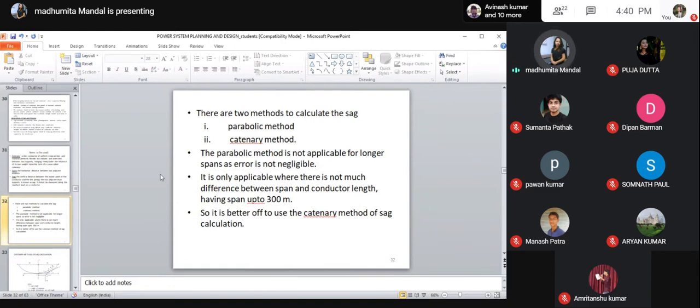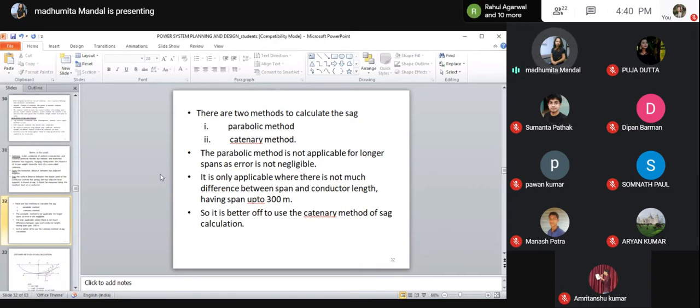There are two methods to calculate the sag. One is the parabolic method and the other is the catenary method. The parabolic method is not applicable for longer spans as the error is not negligible.